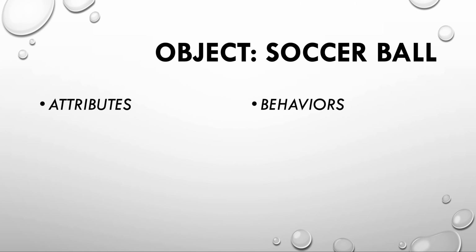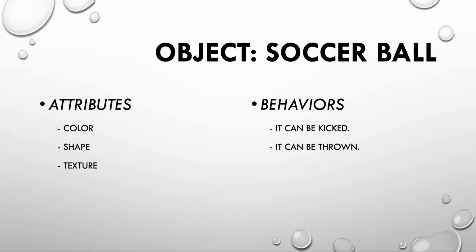What are the attributes of a soccer ball? A soccer ball has color, shape, texture, etc. And a soccer ball behaves like, it can be kicked, it can be thrown, it can be passed. A soccer ball can do so many things besides these three.